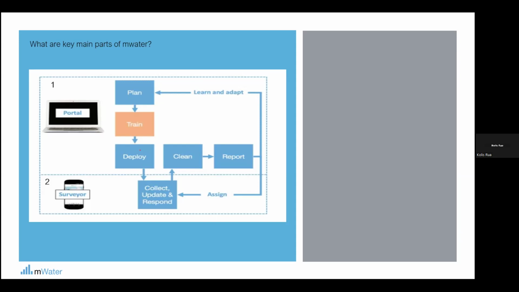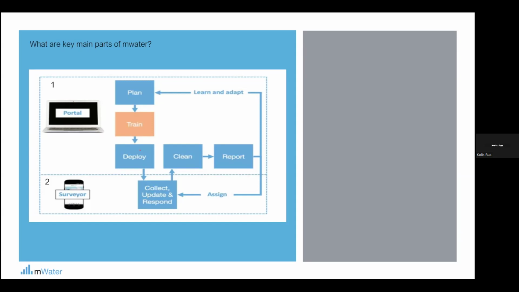But then after that, there were features added to it. So now mWater is not only a monitoring or surveying tool, but it has other features like data management. It now has its own database where you can manipulate data.